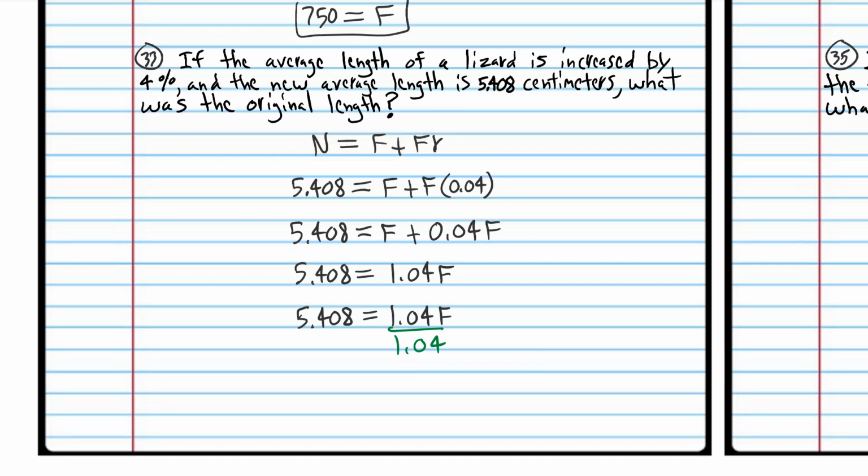So you have to know how to solve the different types of equations, the different forms of this problem. So now we have 5.408 divided by 1.04, and we get 5.2. So the original number is 5.2.